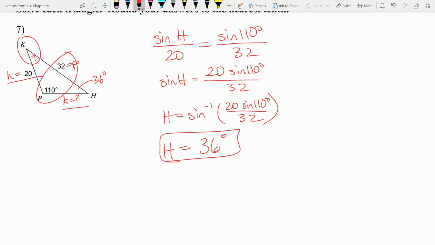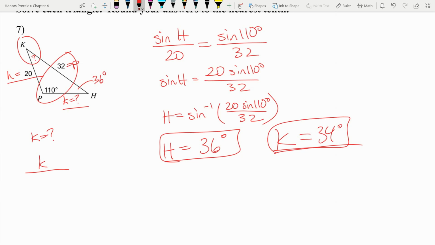That's pretty easy to find angle K. I'm not going to go into that. You just need to subtract 110 and 36 from 180. And so for angle K, it was 34 degrees. How do you find your last missing side? The one side we don't have is little k. What's that equal to? Well, now that you have angle K, this isn't so hard to do. You just set up your law of sines.